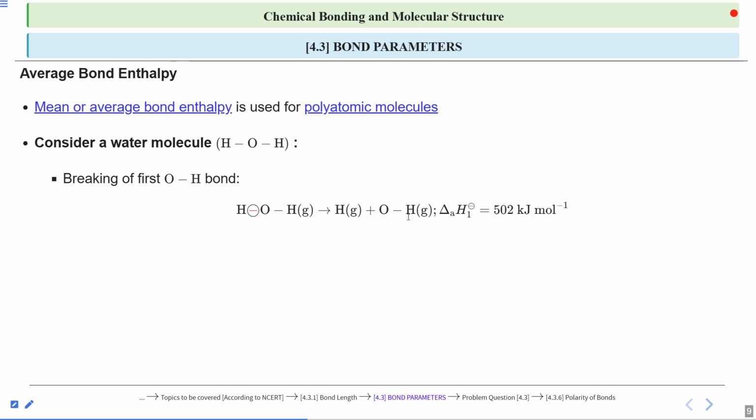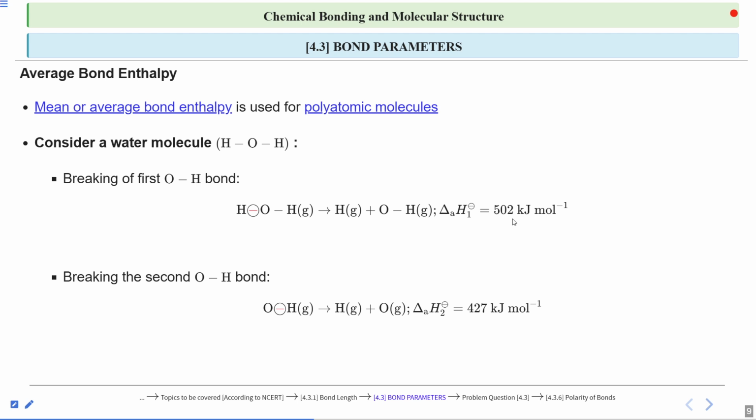In the first breaking, we are breaking the bond between O and H in an H2O molecule. But in the second breaking, you are breaking the bond between a single O and H only. You don't have an H2O in total because one H has already been removed. And you can clearly see the difference between these two.